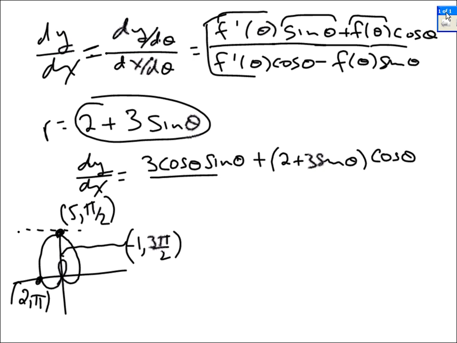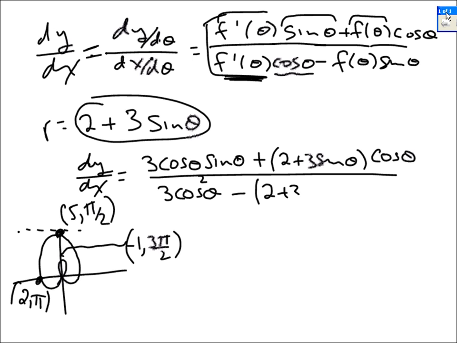And all of that is just the numerator. In the bottom, you have the derivative of f, which is still 3 cosine theta, times another cosine theta, so cosine squared. Minus f of theta, which is 2 plus 3 sine theta, times the sine of the angle. So now we want to clean this up.